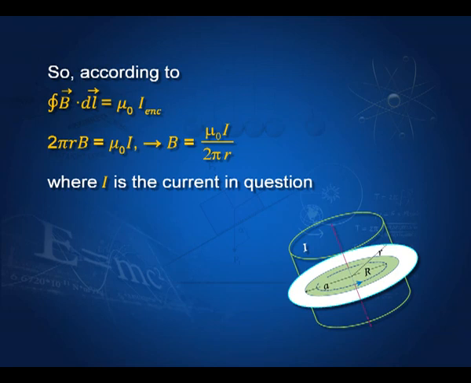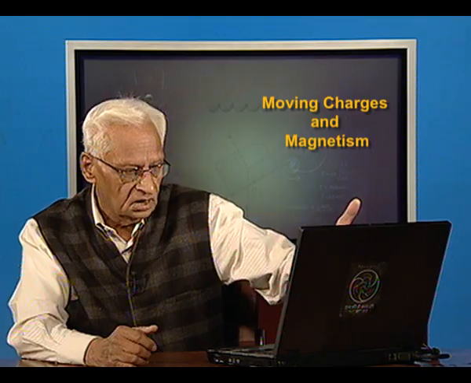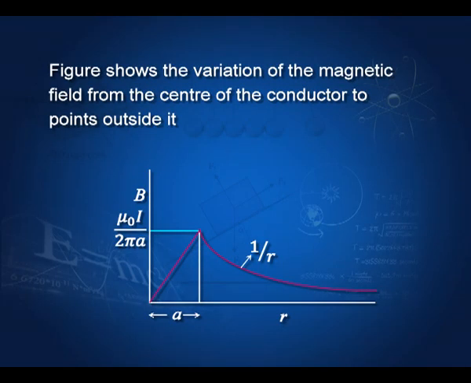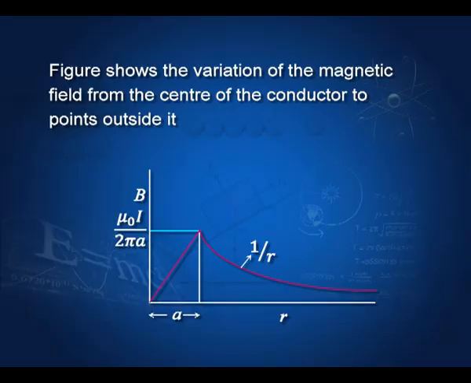If I put r equal to a, then I get the magnetic field at the surface of the cylinder, which matches with what we have found earlier. Here I am showing the profile of the magnetic field. This is the radius a of the cylindrical conductor, and this is the distance r outside the radius, and the field varies as 1 by r.